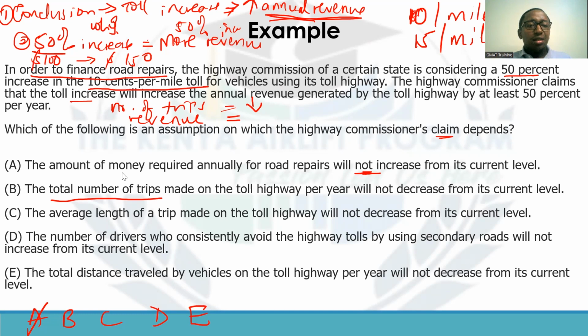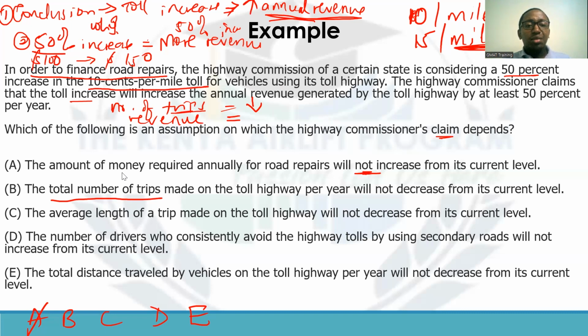This means that if the number of trips reduces and the average distance per trip remains the same, the revenue will decrease. But if the number of trips decreases and the length increases, because we are paying per mile, the revenue might actually increase by 50%. So there's a chance that even if the total number of trips reduces, the average length per trip increases.